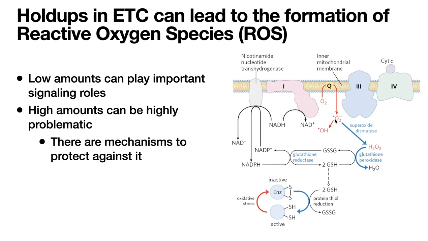In order to prevent it from causing damage, our cells have different enzymes that can counteract the oxidative stress. So we've got superoxide dismutase. We've got glutathione peroxidase. We have ways to take care of it. And it turns out that actually a little bit of reactive oxygen species can play an important role in telling your body we've got low amounts of oxygen.